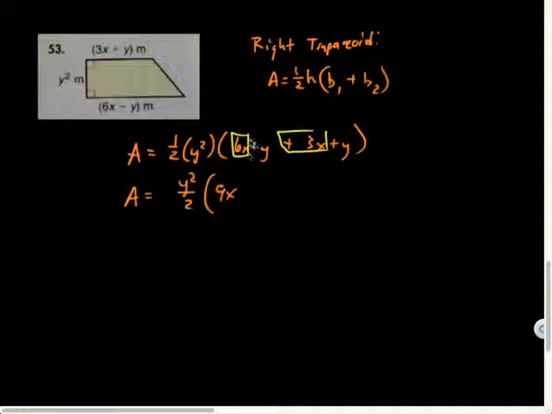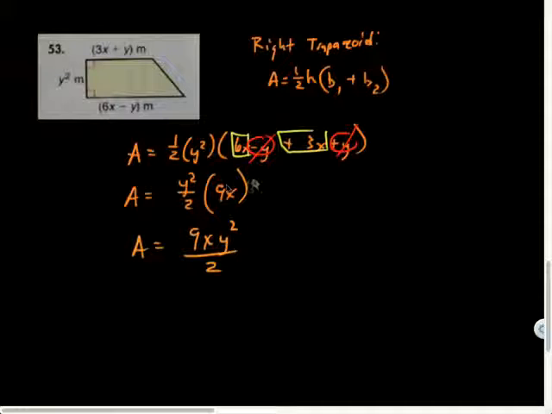The variable remained unchanged. And then with the y's, negative y, positive y. Oh, they killed each other. It's a sad story. So that's simplified pretty quick. So the area would equal 9xy squared all over 2.